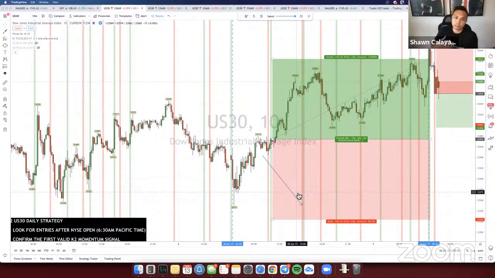Exactly, it depends on broker to broker. Some brokers use mini lots, some use standard lots, some use nano lots, right? A standard lot on the broker that I use, we use mini lots, so it's going to be different for me versus your broker. I'm not sure what your broker uses. Your broker probably uses standard lots.